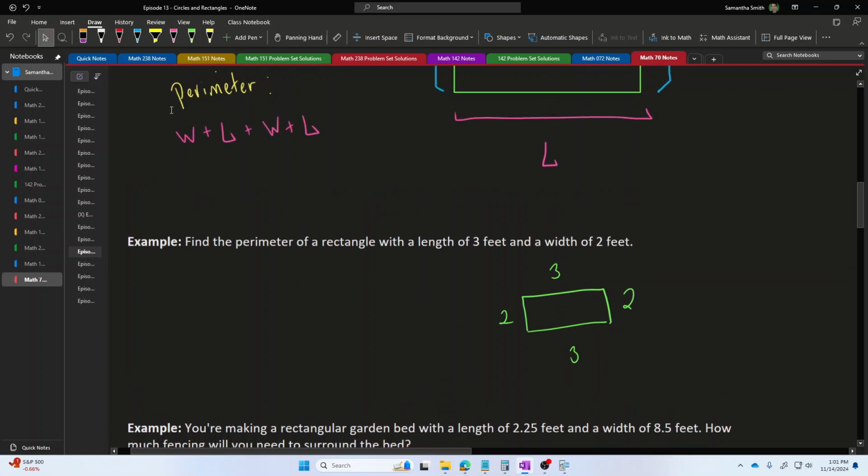In other words, I just have to add together the width, the length, the width, the length, and the total of those specific values in this specific example would be 10. So 10 feet would be the perimeter of this particular rectangle.